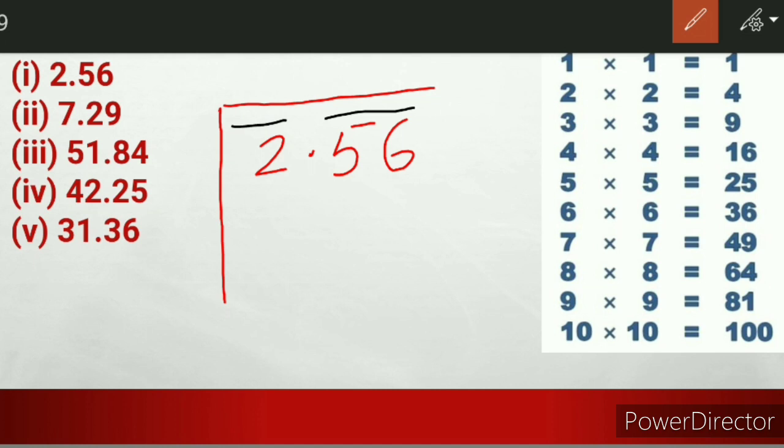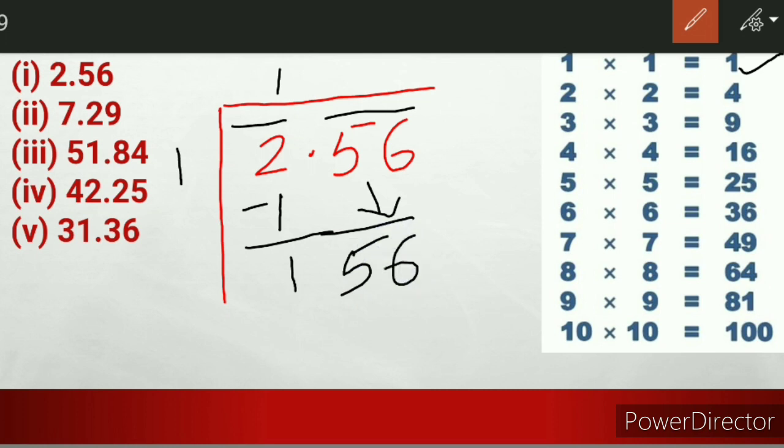Now the first group is 2. The nearest square number to 2 is 1, the product of 1 and 1. 1 into 1 is 1. Subtract it. The remainder is 1. Next I bring down the group 56. Now the new dividend is 156.